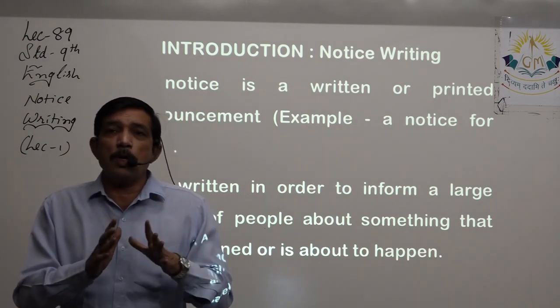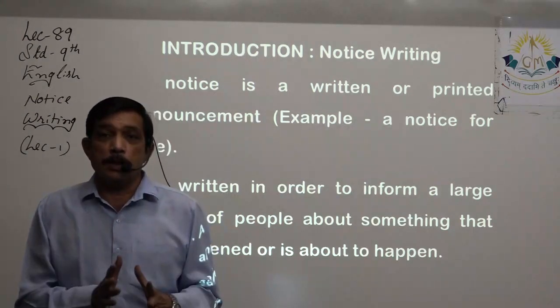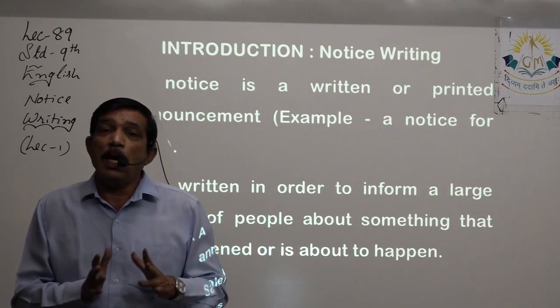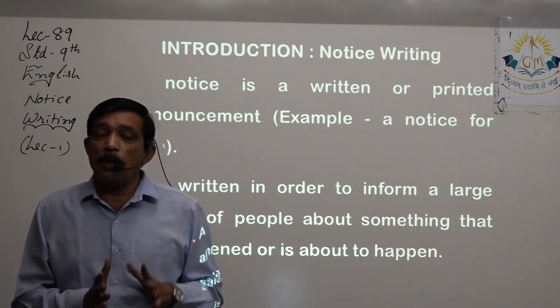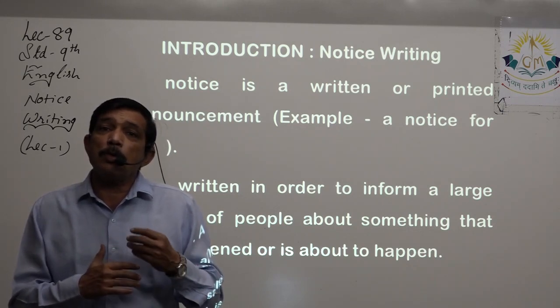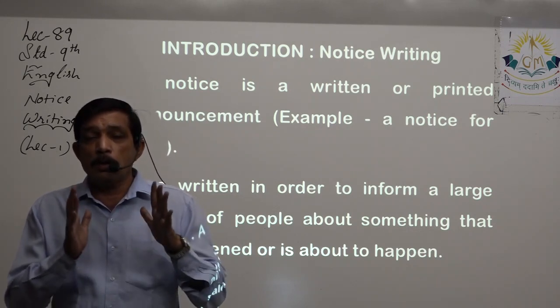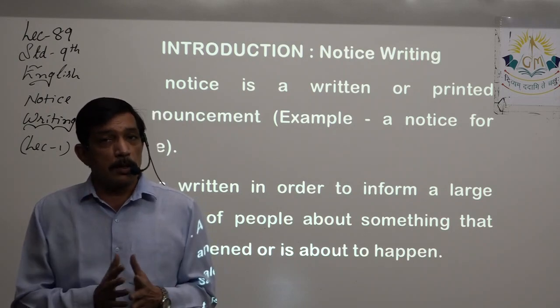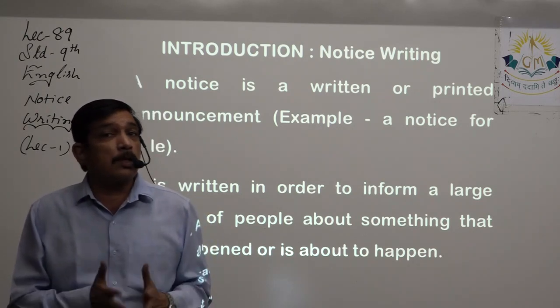Because what you want to convey is the message. That message is quite small and it has a limited word limit, only 50 words. So whatever message you have to convey is within that word frame of 50 words. You are at a loss of words over here.